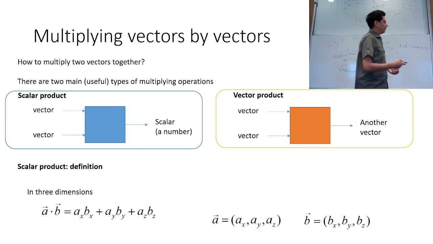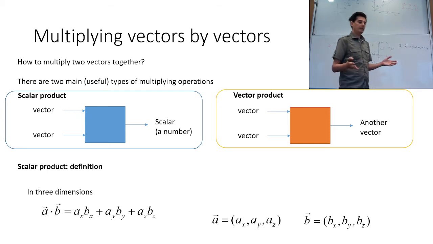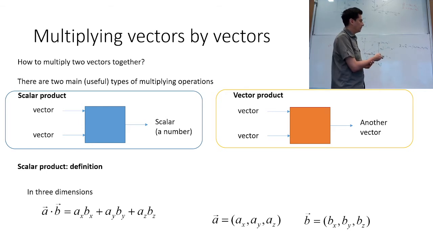What I mean is that, in principle, you could invent any kind of formula for multiplying two vectors, because all this really means is that you take two vectors as inputs, and then it will output something.